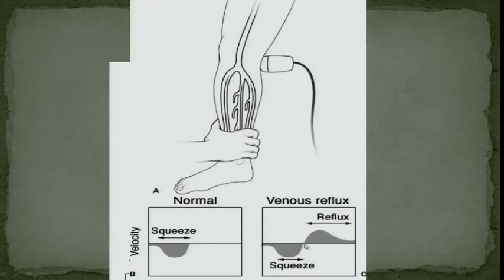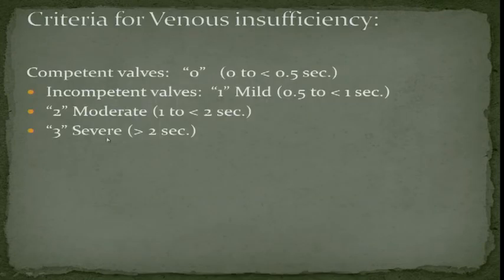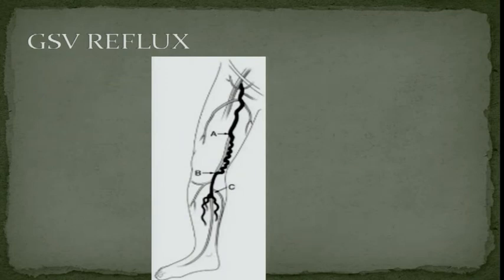But how long the reflux persisted is graded as mild, moderate, and severe, or grade 1, grade 2, grade 3, depending on the seconds. If it's less than 1 second, it's mild. If it's 1 to 2 seconds, it's moderate. And if it's more than 2 seconds, it's severe. Your cutoff mark is 2 seconds. Less than 1, mild; 1 to 2, moderate; above 2 seconds is severe. So very easy to remember.